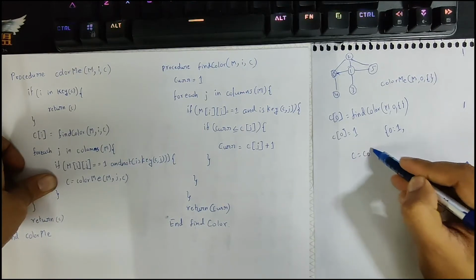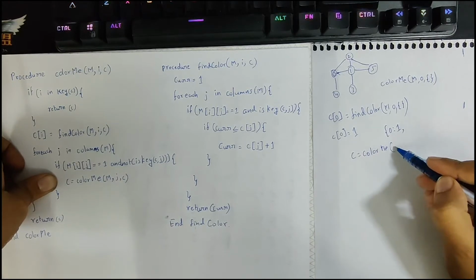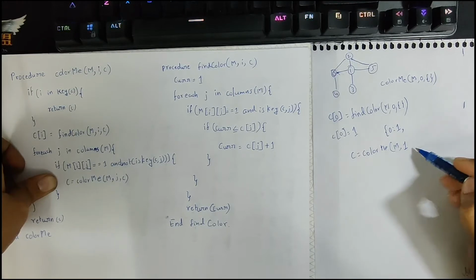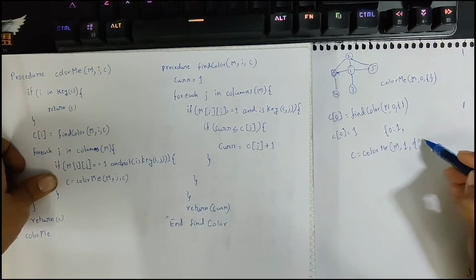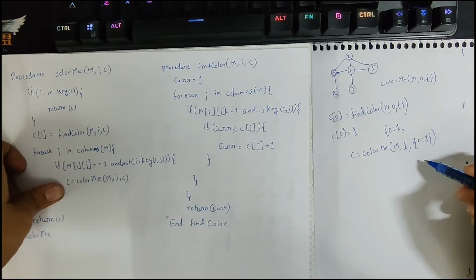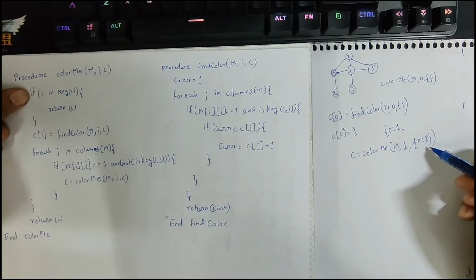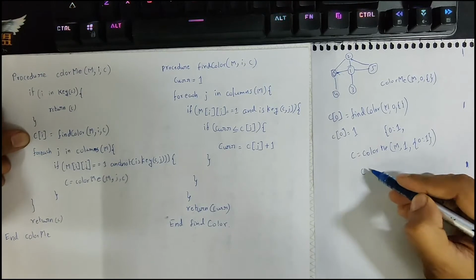C equal to color me of M is the matrix. Now we are working with 1, and dictionary currently it will be this. We have 1 element. Okay, now is this 1 a key in the dictionary? No, not yet. So we'll go to the next step.